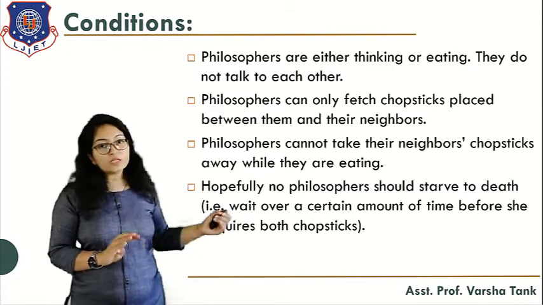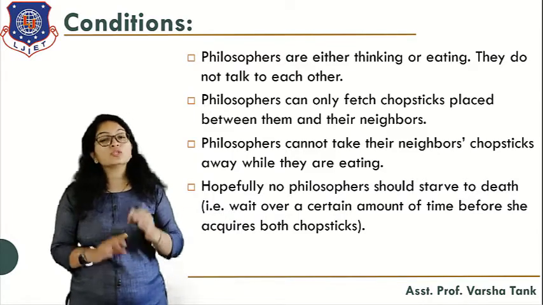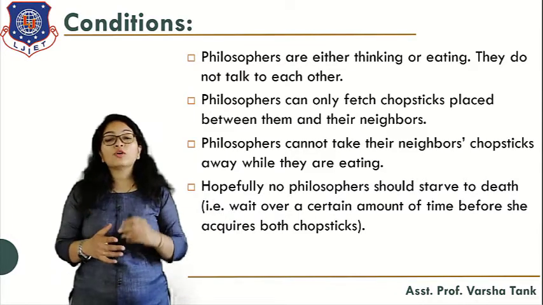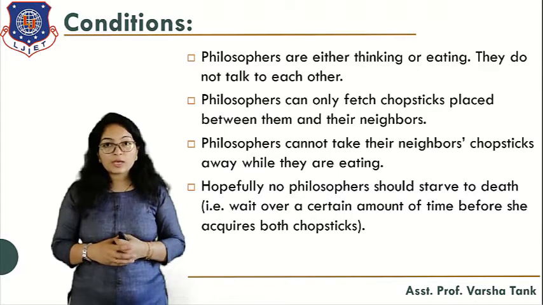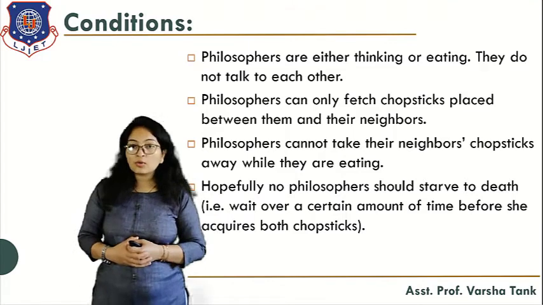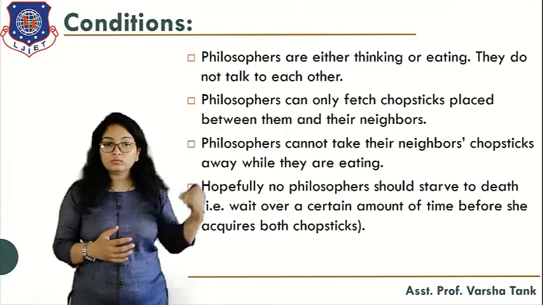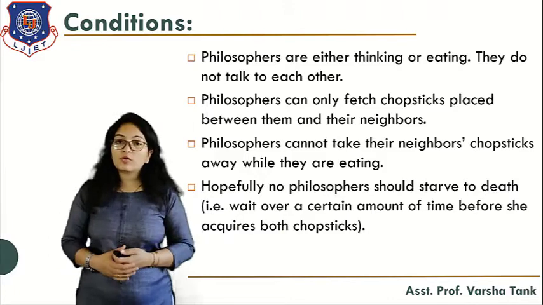The fourth: hopefully no philosopher should starve to death, so no starvation for any philosopher. These are the conditions and we have seen the scenarios. Using this concept we will be able to develop the solution.